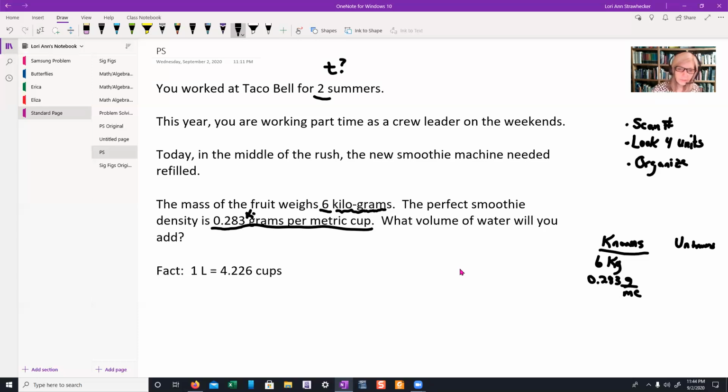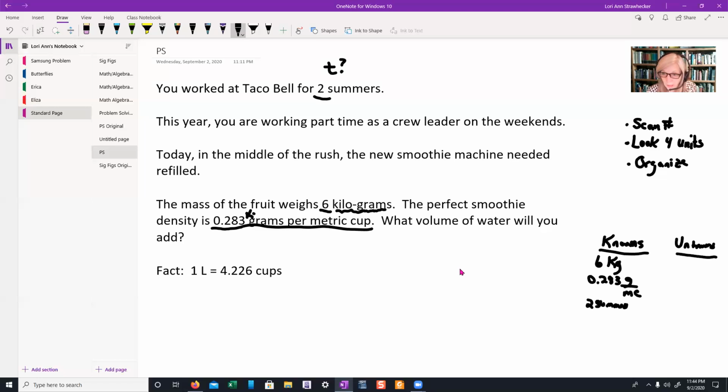All right. And then I'm going to go ahead and write down 2 summers, because we are talking about time. I mean, you could calculate that out, the number of days in summers. It could be the number of hours, the number of minutes. I mean, that is time.